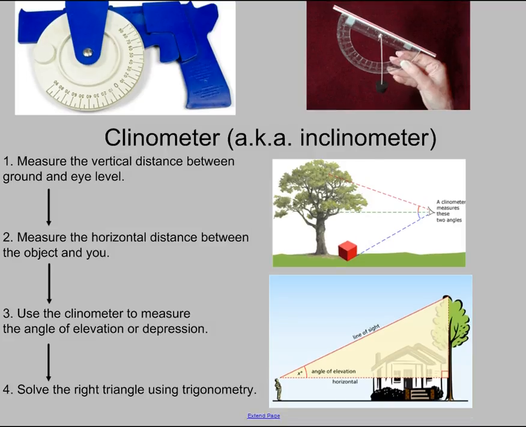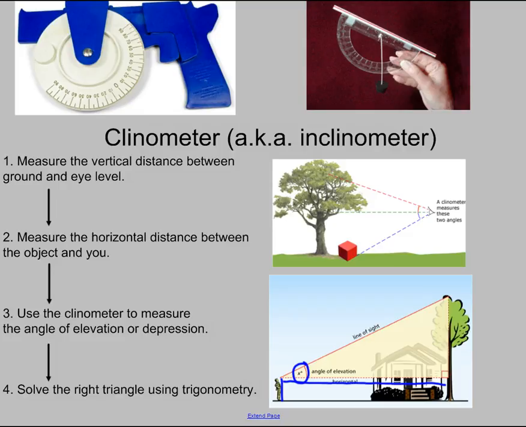So if the object is inaccessible, like a very, very tall tree or building, it's easy enough to pace yourself away from the base of it, and that would represent this horizontal distance here. And then you've got this extra little bit here from the ground up to your eye level, which you need to know about. And then it's simply a matter of measuring an angle, which could be your angle of elevation here.